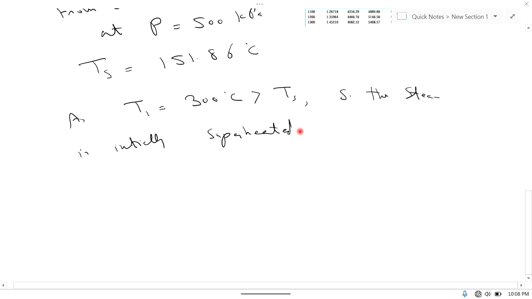So we will find the properties from the superheated steam table.